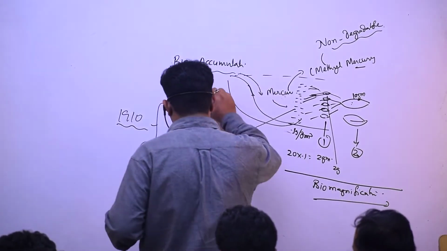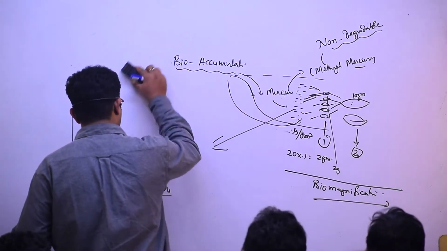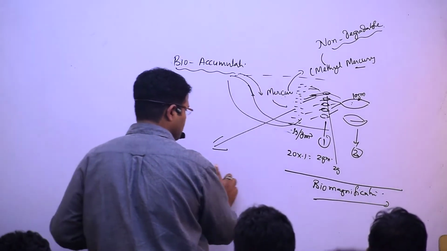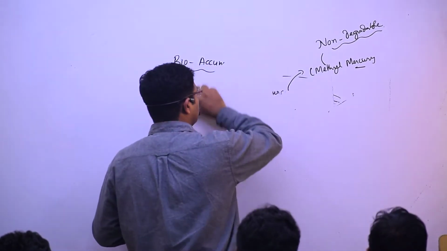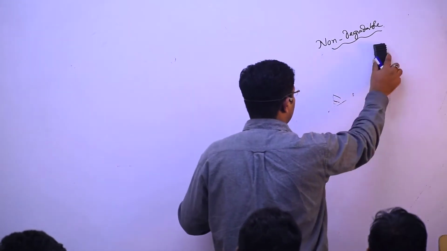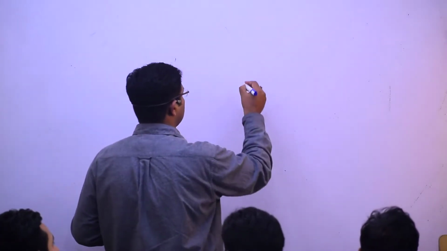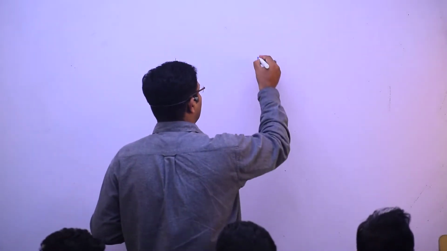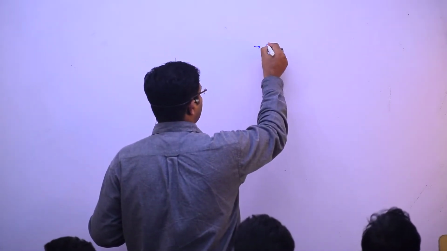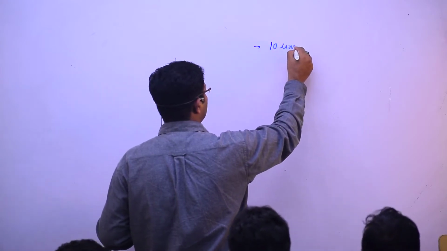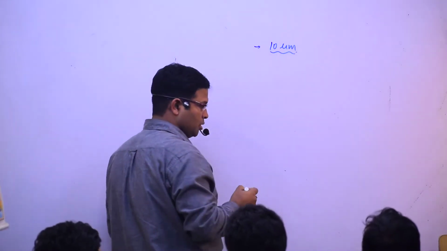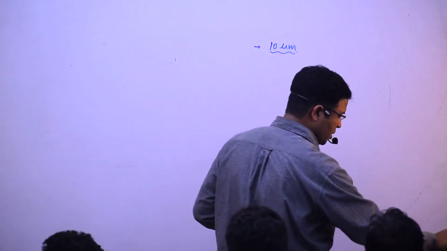And generally particle size, if we measure it, is in the micrometer, meaning 10 raised to the power minus 6. Pollutant particles, like dust, are around 10 micrometer.